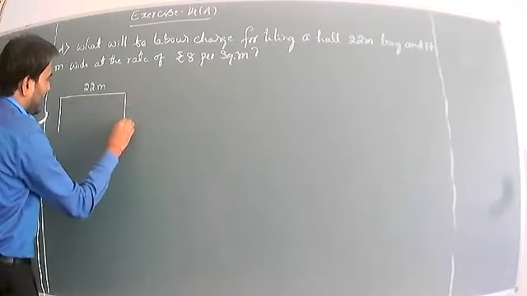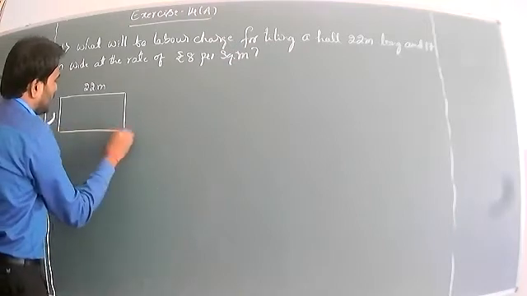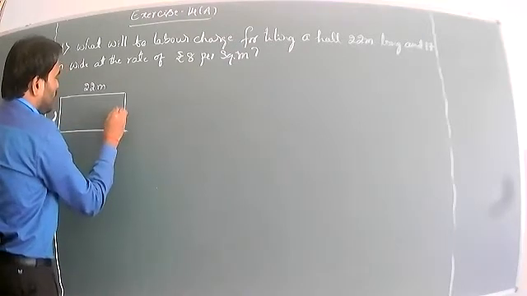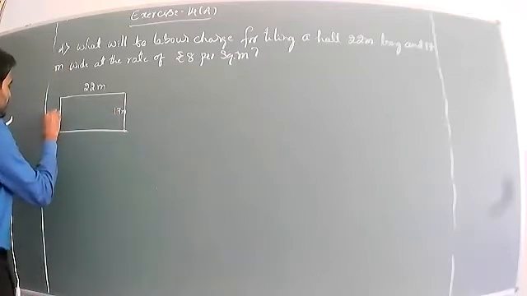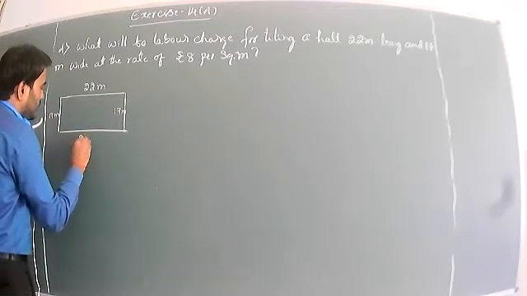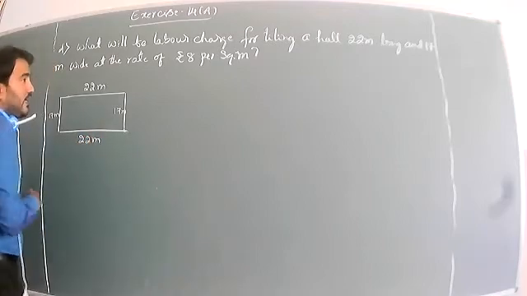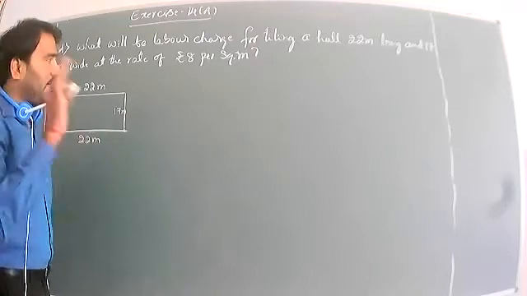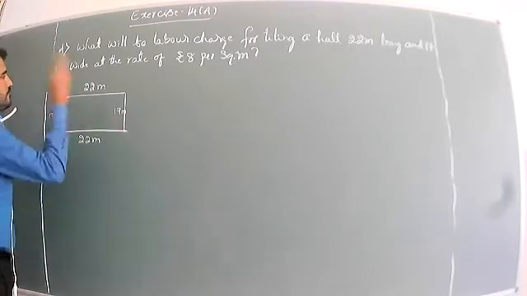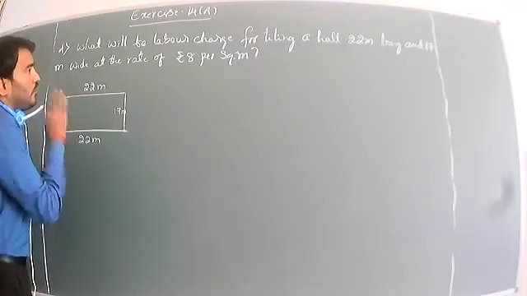Opposite sides are equal in the rectangle. So when the length and breadth are given, it is considered a rectangle. So that is the shape of the hall.